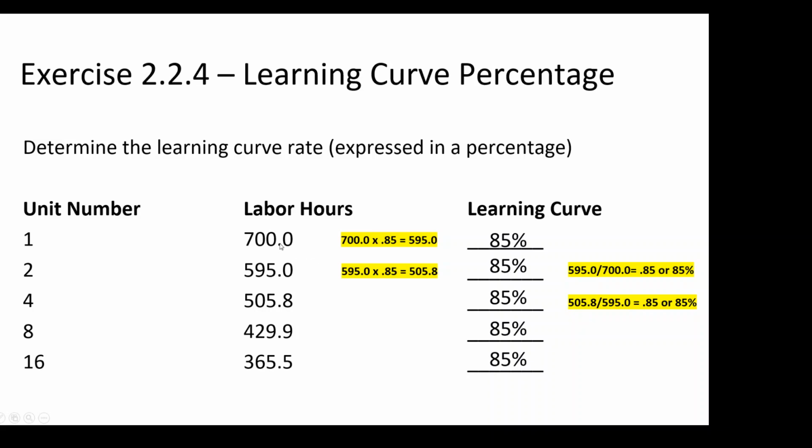Nope. 700 times 75. Do you get 595? Nope. Go to the next one. 700 times 85. Do you get 595? Yep. Must be 85. Then you check your answers and fill in the rest of these columns. If you multiply 505.8 times 85, you should get 429.9. So that's my shortcut tip.